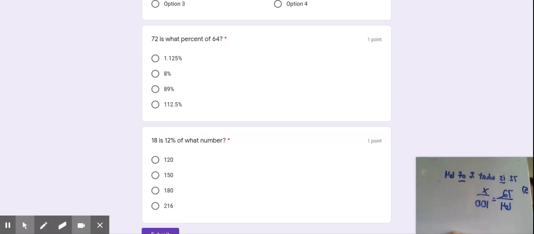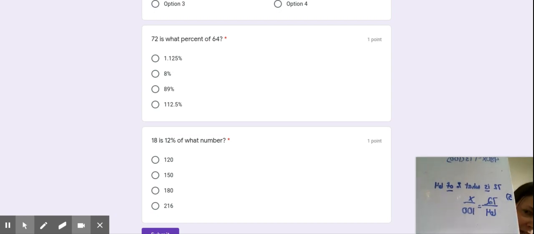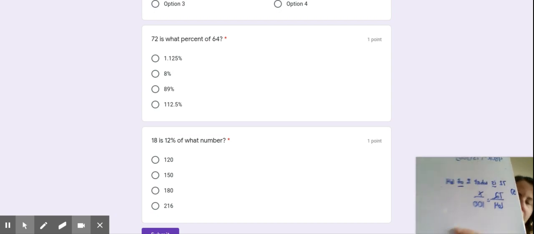Pay attention to that is and of. Okay, what percent is going to be my x? And because it's a percent, I know it has to go over 100. And it says of 64, so I know that number needs to go on the bottom.